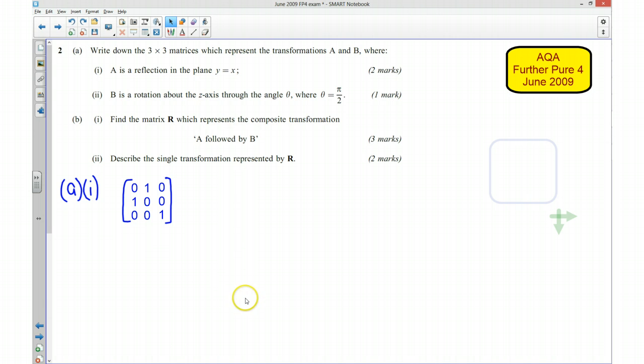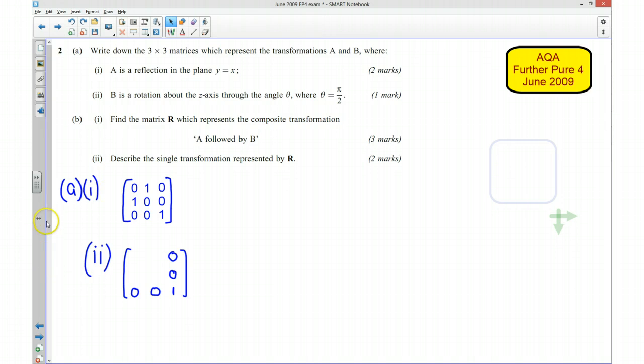So we already know that our matrix is going to have this part here, and that bit is going to stay the same because it's invariant.